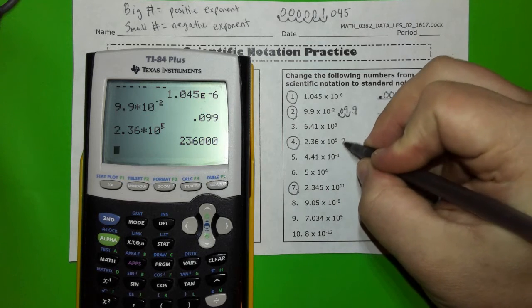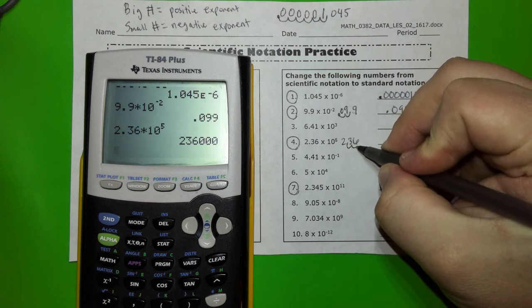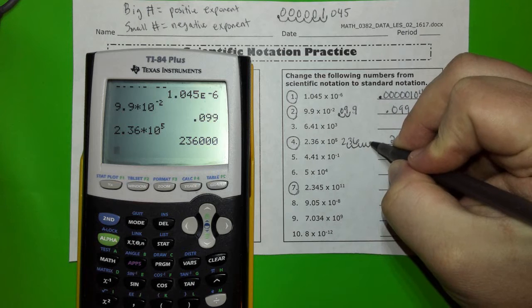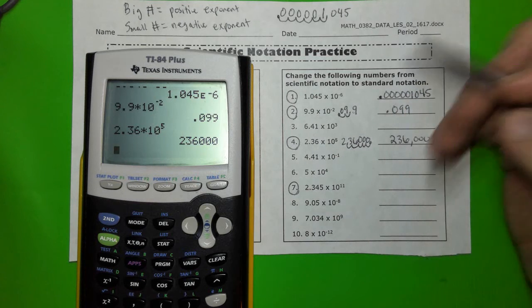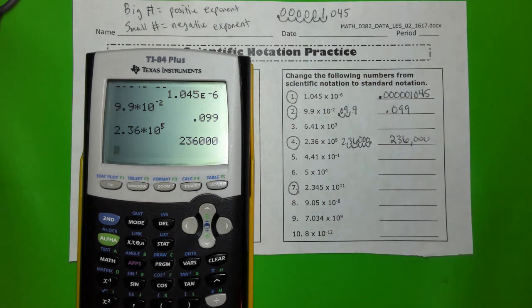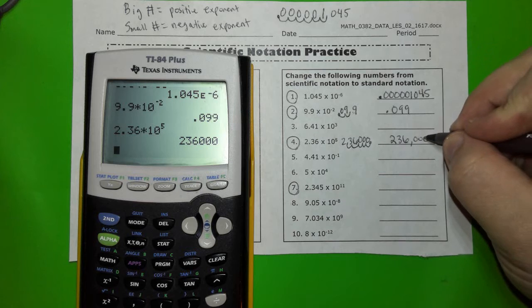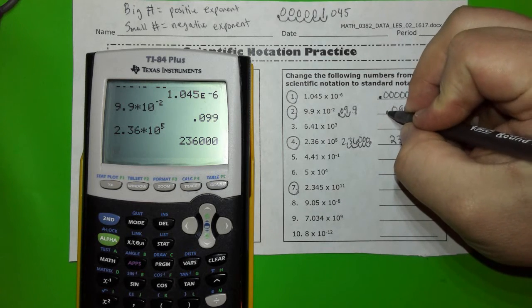Okay, but if I did it here as 2.36, I move 5 to the right, and I add those 3 zeros, and that's how I get 236,000. Remember, positive exponents, we have a really big number. 236,000 is a pretty big number. Okay, negative exponents, once again, we have these small numbers or these decimals.